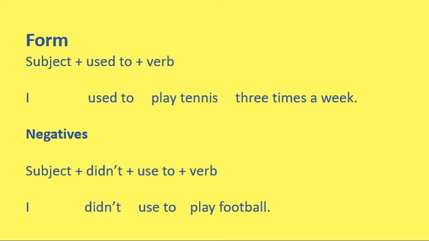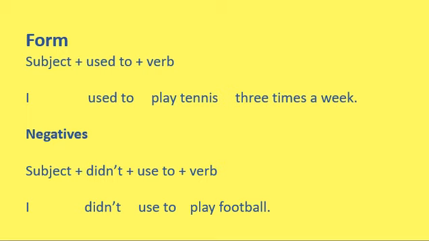We make the past with used to by starting with the subject, then used to, and then the base form of the verb. So from the example, I used to play tennis 3 times a week.